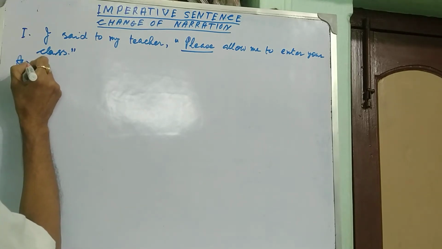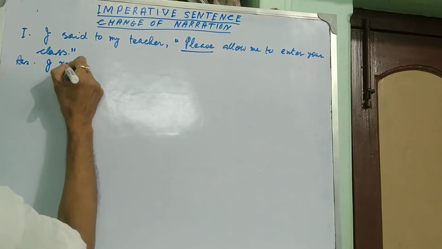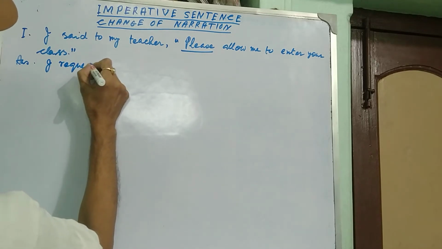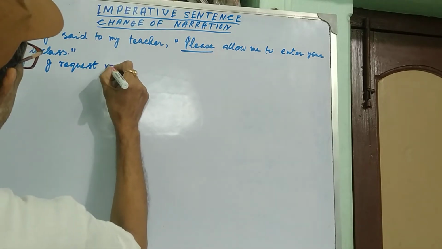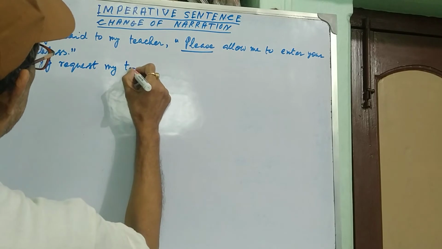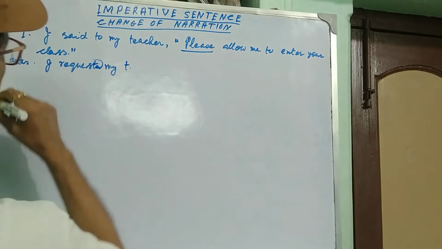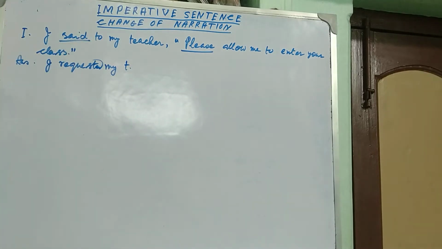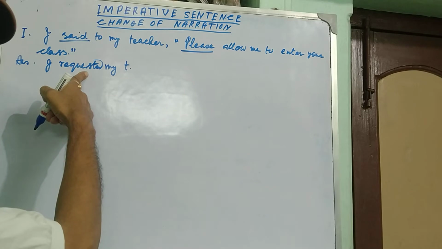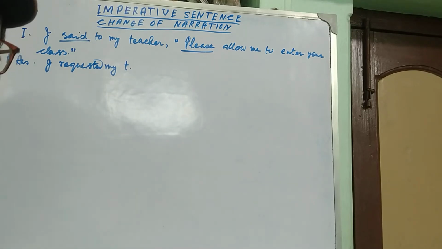Answer: I requested my teacher. You see that the reporting verb is in the past tense. So the reporting verb in the indirect speech must be in the past form.